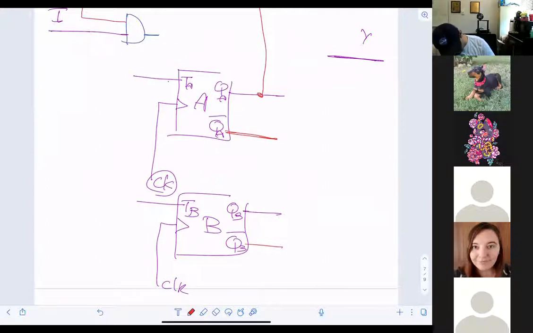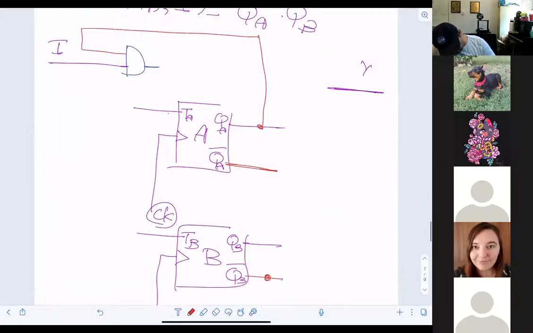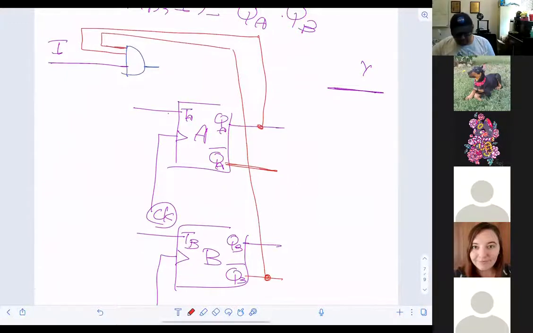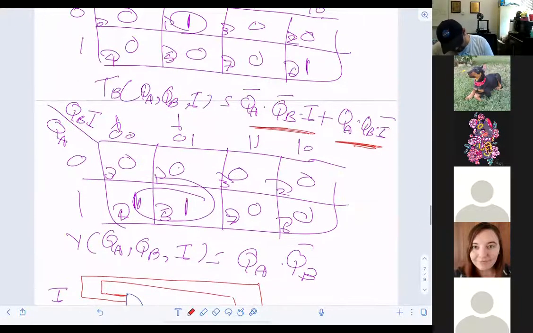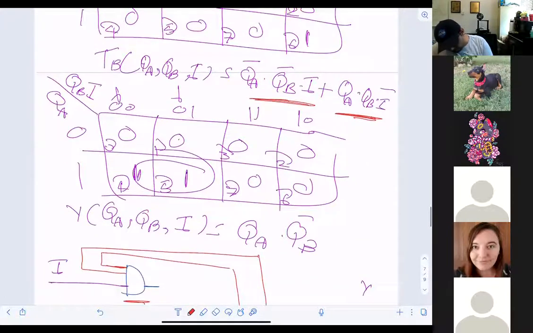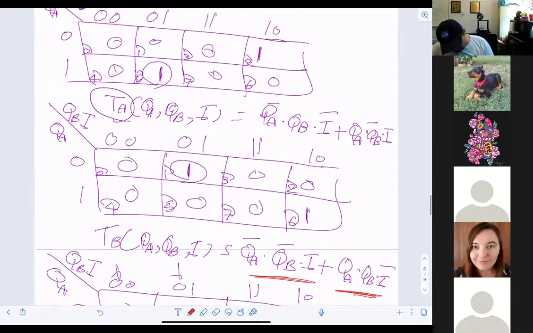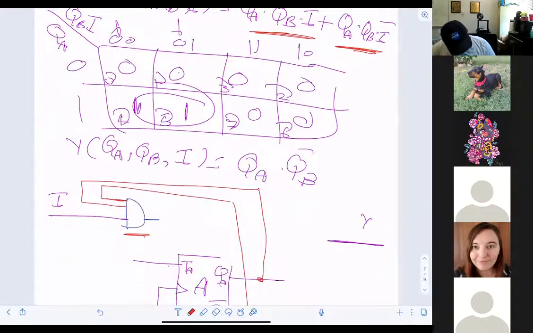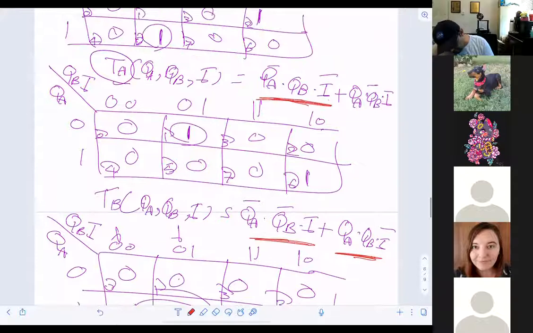Do you agree? And they're going to be together ANDed in a cluster. They're going to be with QA. Why do I do this? This here, right? QB complement, and they're going to be with I complement. So we have to do what? So this is the first step, right? Then they're going to be QA with QB.